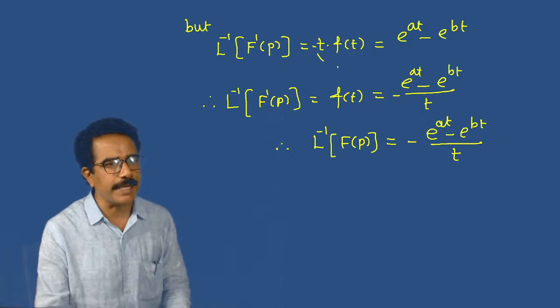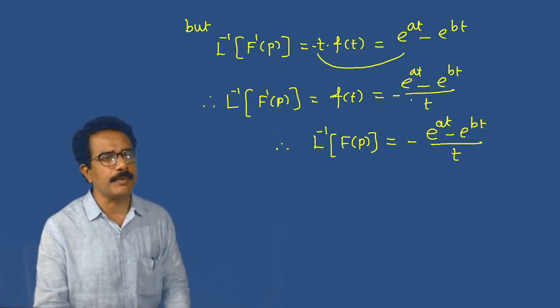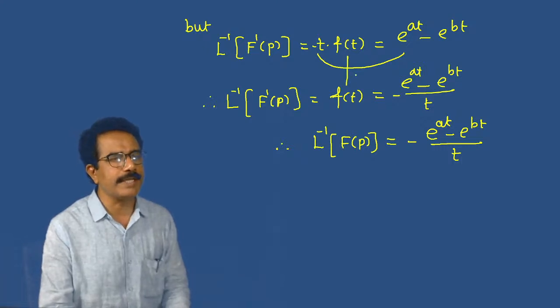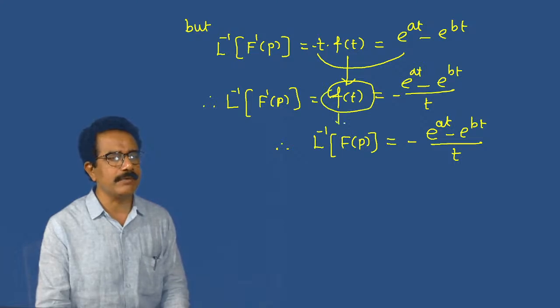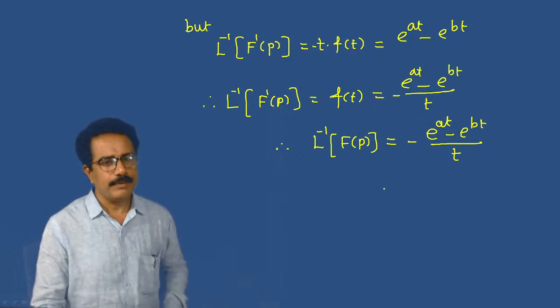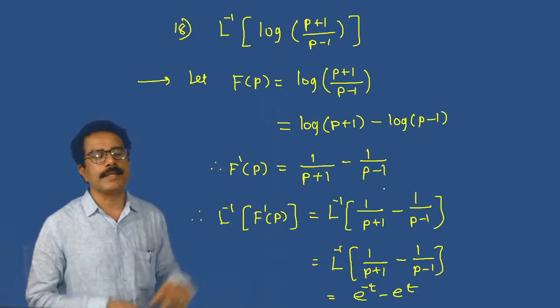So transfer this minus t on the left side. So minus e raised to at minus e raised to bt upon t. The remaining term is f of t as it is, but small f of t means L inverse of capital F of p. Okay. So thus we will get this result 18.